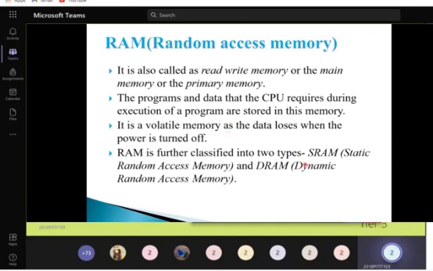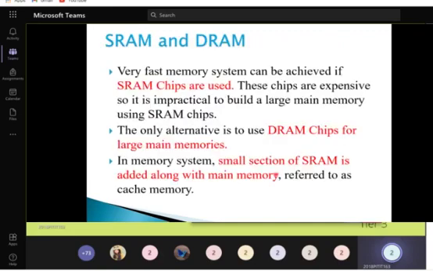Again, this RAM is further classified into two types: one is SRAM, static random access memory, and then DRAM, dynamic random access memory. SRAM is a very fast memory system, and it can be achieved using SRAM chips.